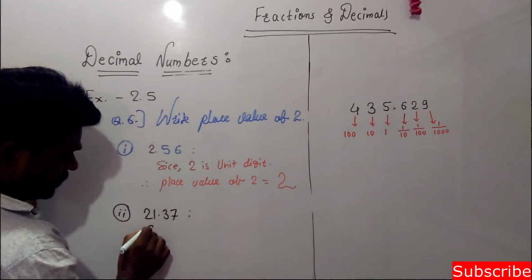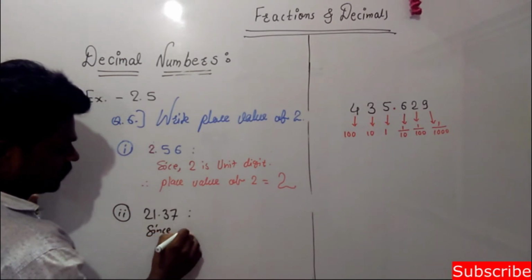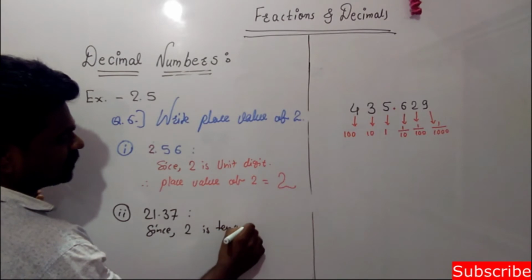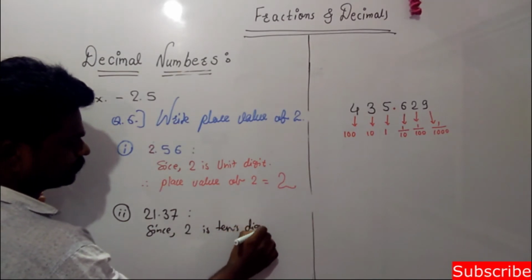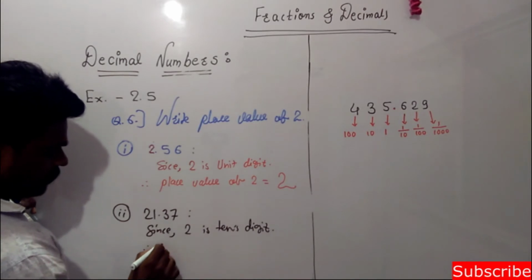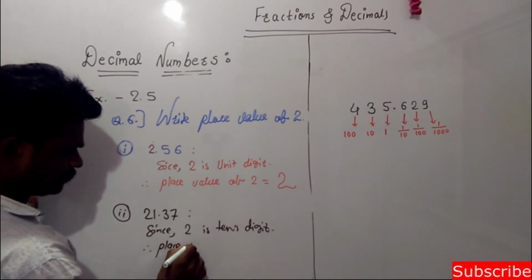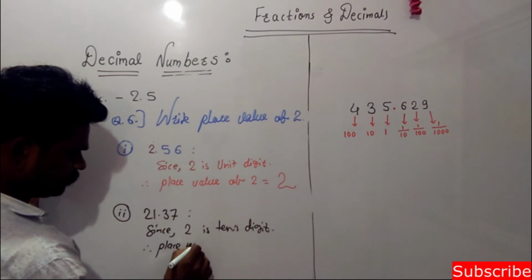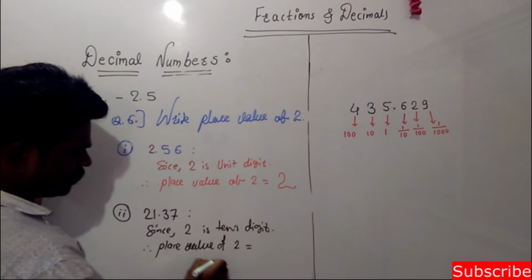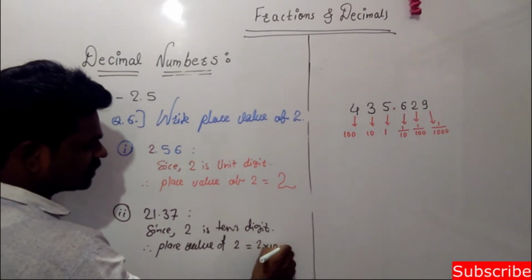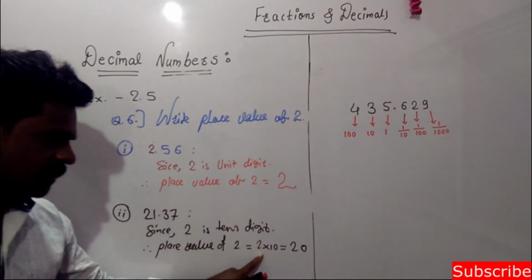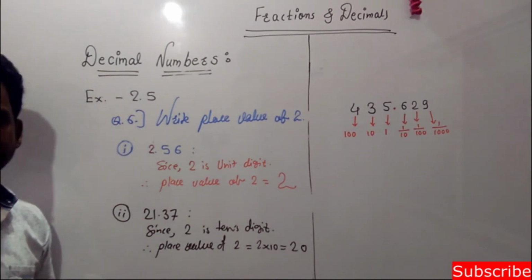Since 2 is the tens digit, the place value of 2 is 2 into 10, which is equal to 20. If it is the tens digit, that means we need to multiply it by 10. So 2 into 10 is equal to 20.